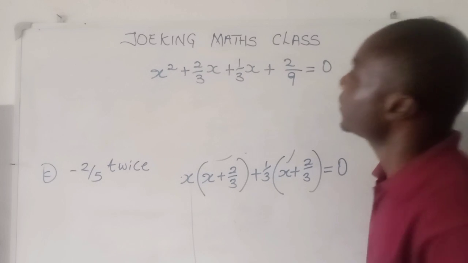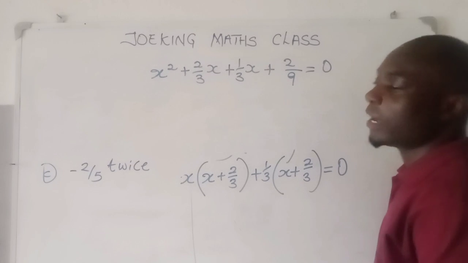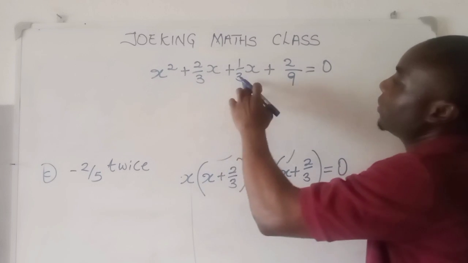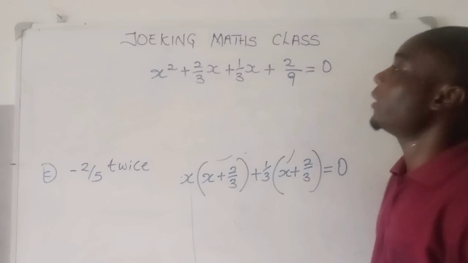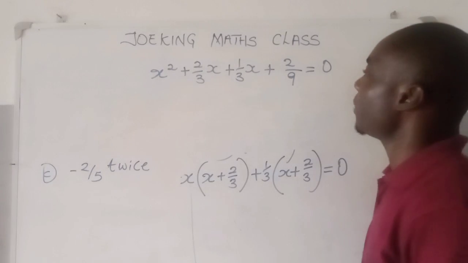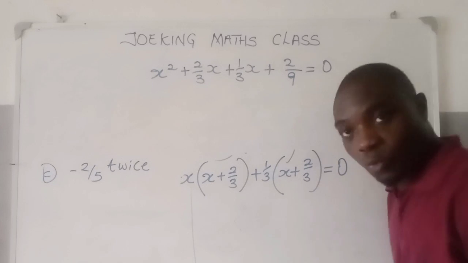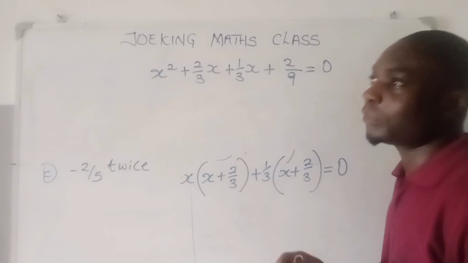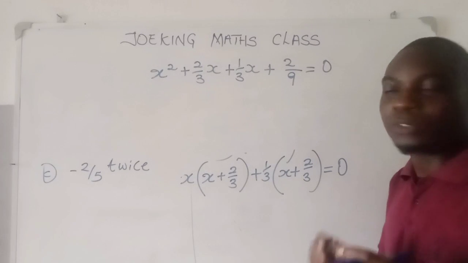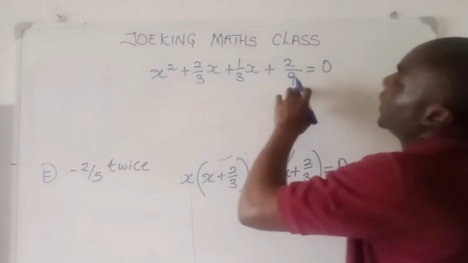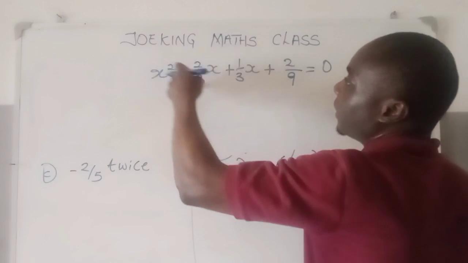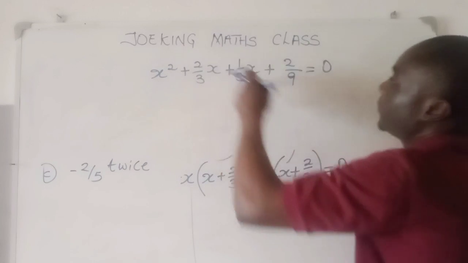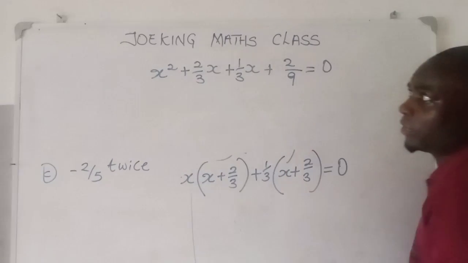All right. So the next thing I'm going to do is to ask myself, what is the LCM of 3, 3, and 9? The reason for doing that is I want to simplify this fraction so I can make it a quadratic equation without a fraction. The LCM of 3 and 9 is 9. So I'll multiply through by 9: multiply this by 9, this by 9, this by 9, this by 9, and 0 times 9.